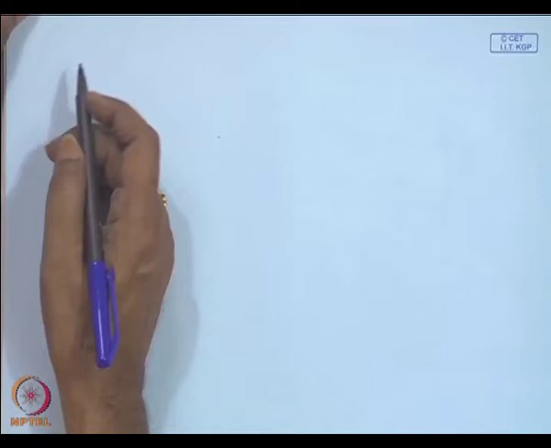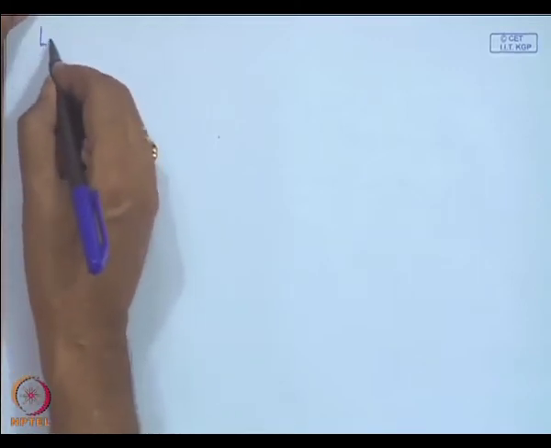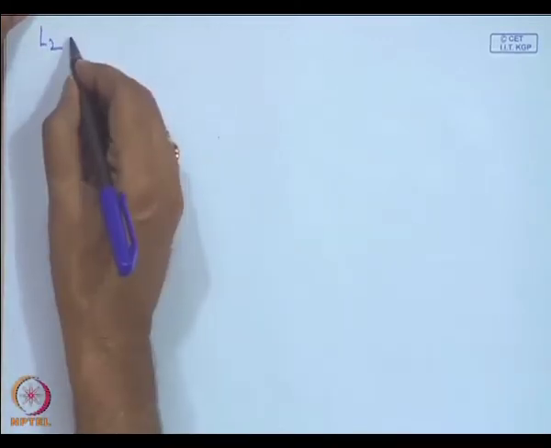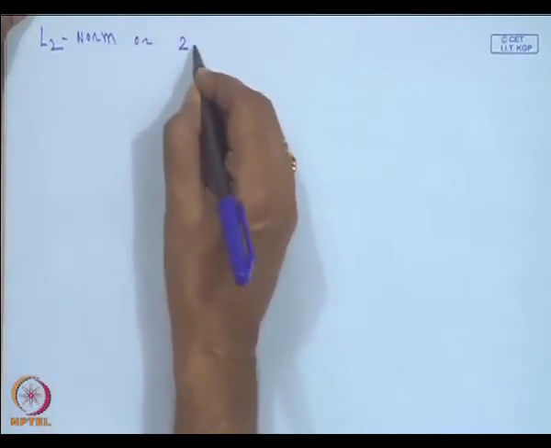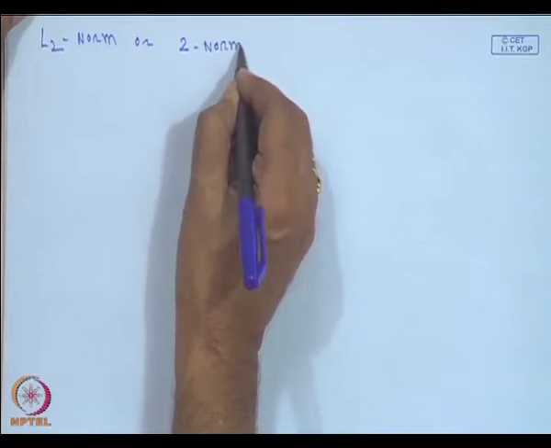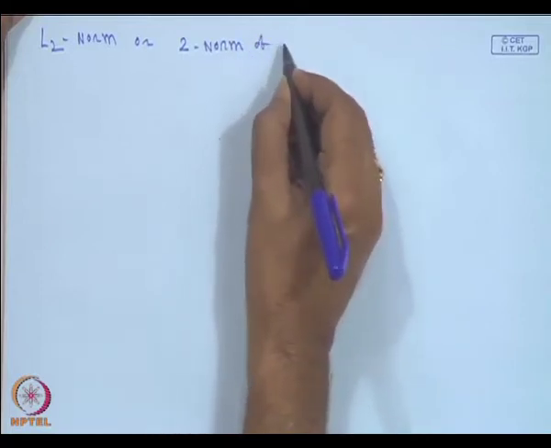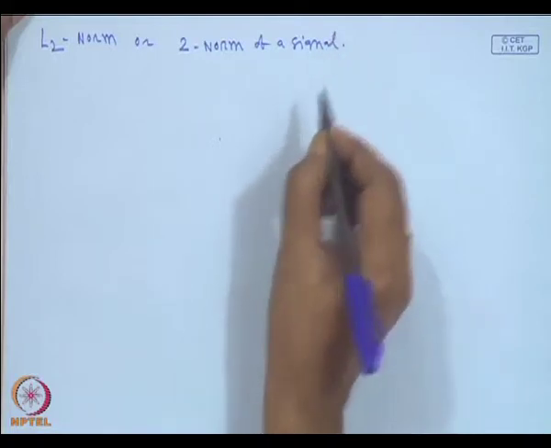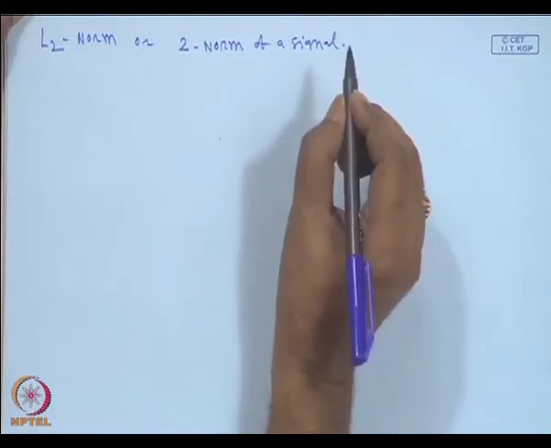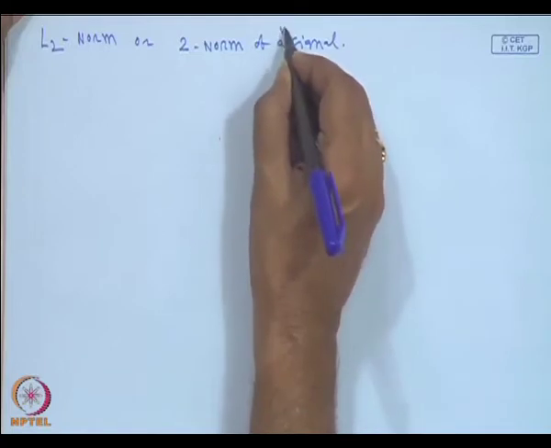Now, the most important is the L2 norm, which we simply call the 2 norm of a vector signal.